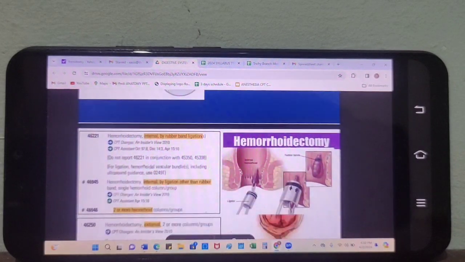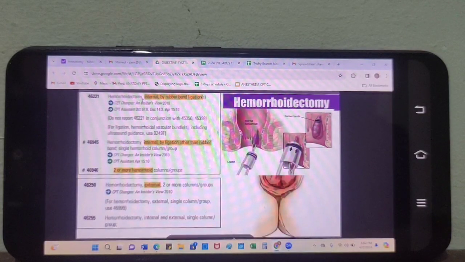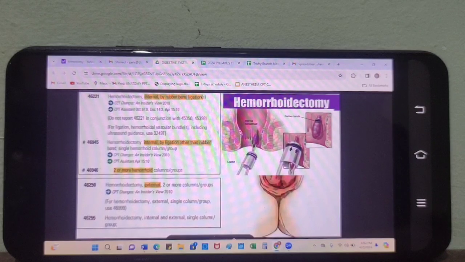Okay. Then hemorrhoidectomy. Hemorrhoid means, I think everybody knows, piles. In hemorrhoidectomy we have two classifications, internal hemorrhoid and external hemorrhoid. For internal hemorrhoid, rubber band ligation: see that image. The surgeon may use a rubber band to ligate and remove the internal hemorrhoid; go for 46221. 46221 is for removal of hemorrhoid by using a rubber band.